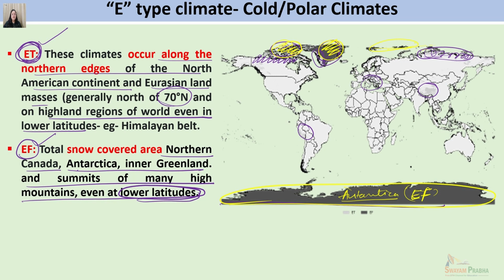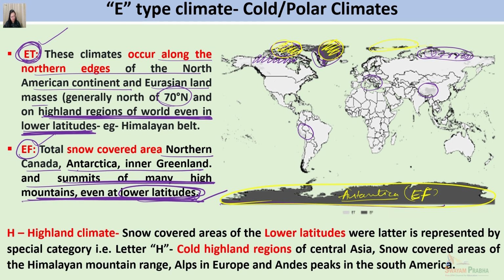But later on in the subsequent revisions of the Koppen scheme, to represent the cold highland regions of the world in the lower latitudes and the snow-covered summits of the mountain in the lower latitude, a distinctive separate category was created, which was denoted with the capital letter H, which demarcated the highland type of climate or the snow-covered areas of the lower latitudes which were not part of the polar areas.